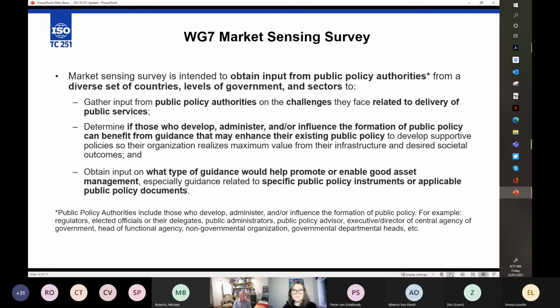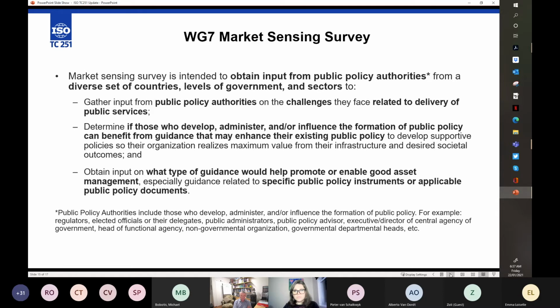You have countries like Australia that are fairly well developed in asset management at a government level. A lot of the states in Australia have quite a strong view on asset management, and they do adopt or adapt the standard for what they're doing.